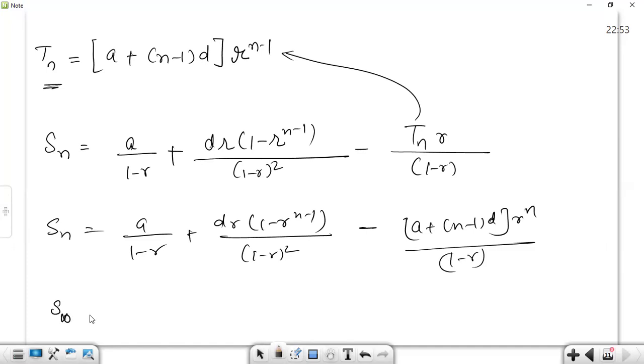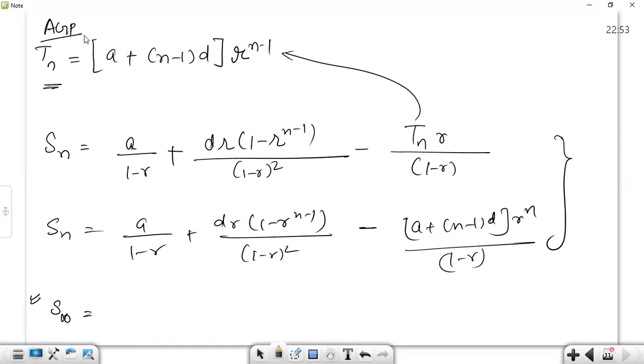Now the sum of infinite terms of an arithmetico-geometric series. I don't find any use of the sum of n terms formula in my old 6 papers. This formula is important: the sum of infinite terms for AGP.